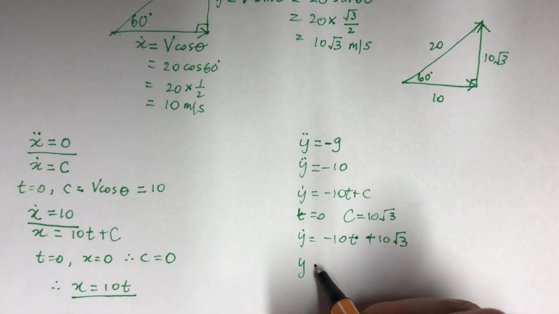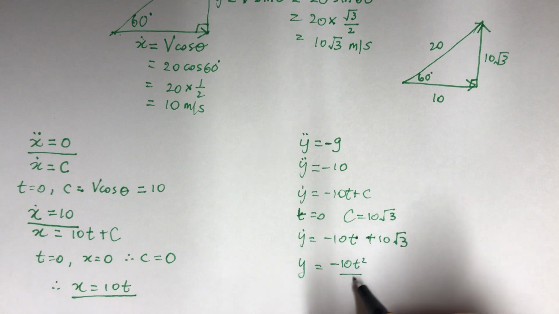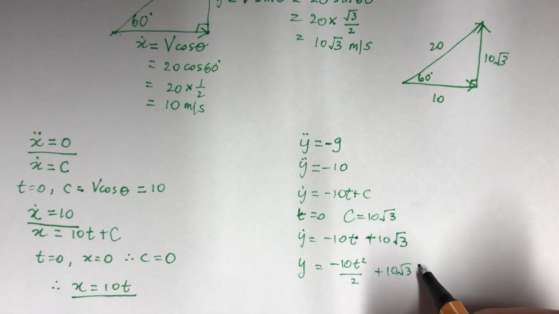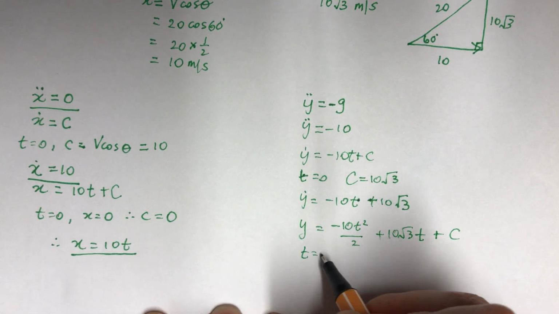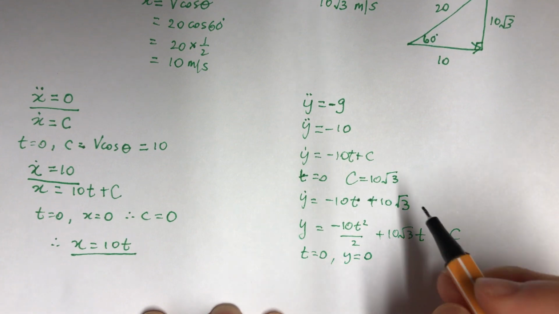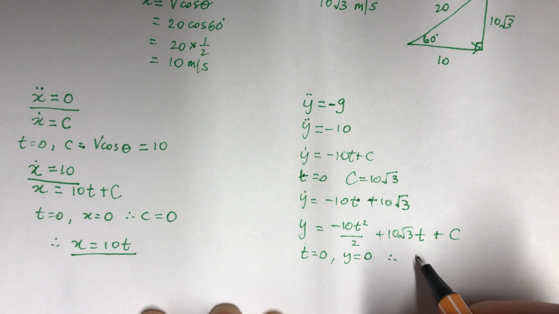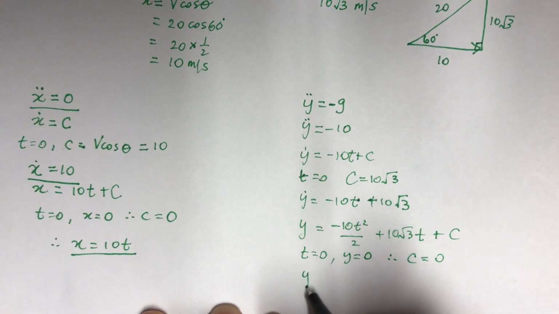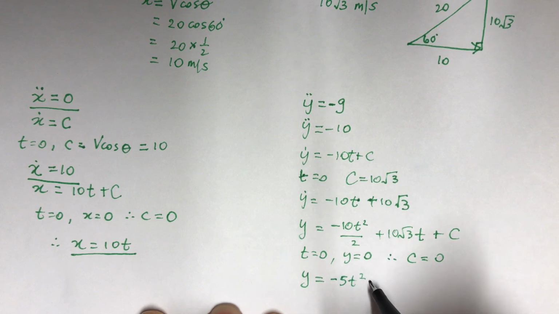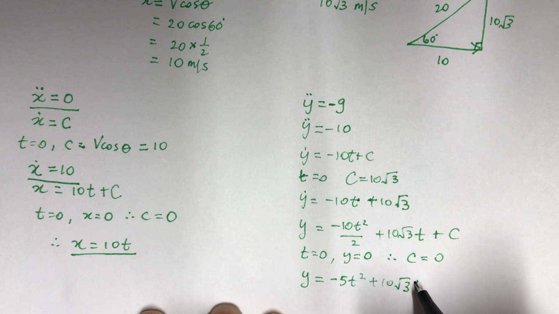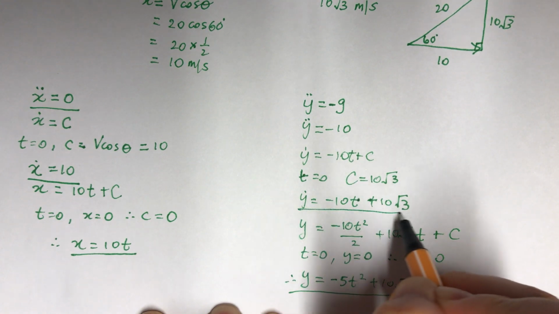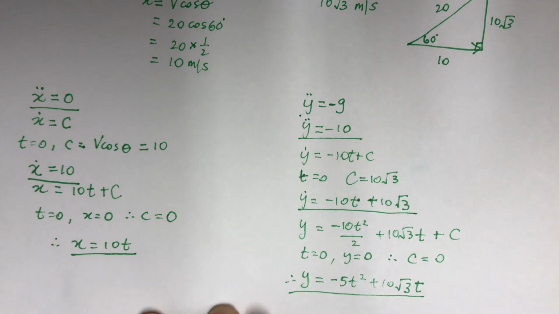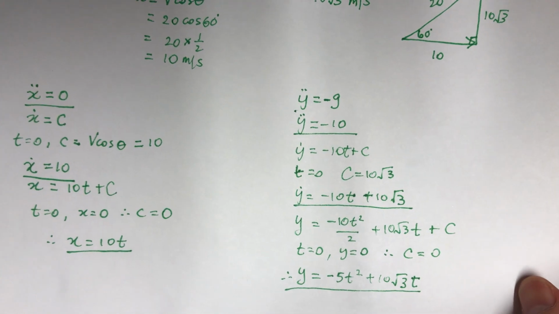Then y equals minus 10t squared over 2 plus 10 root 3 t plus a constant. When t equals 0, y is also 0, so c equals 0. Simplifying, y equals minus 5t squared plus 10 root 3 t. So those are all the component equations we got.